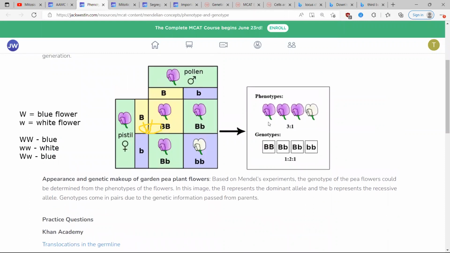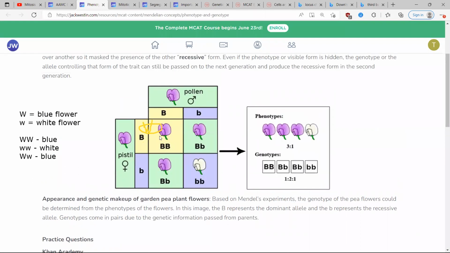So we see here a cross between a heterozygous dominant and heterozygous dominant. When you do that, you get 3 purples and 1 white, but the 3 purples are not the same. One of the purples is a homozygous dominant purple, while the other 2 are heterozygous dominant purples. So this makes a difference in the ratios that we see.